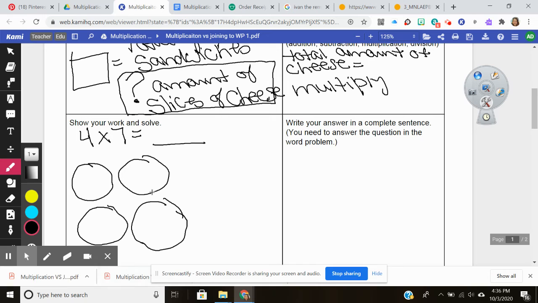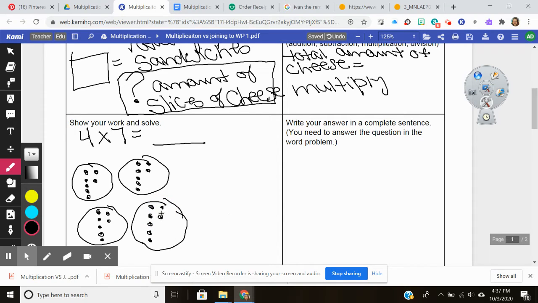Okay. So there's my 4 equal groups, and I do 7. So 1, 2, 3, 4, 5, 6, 7 in each group.